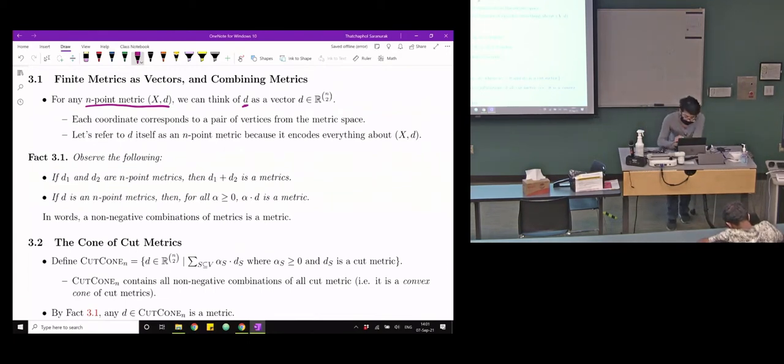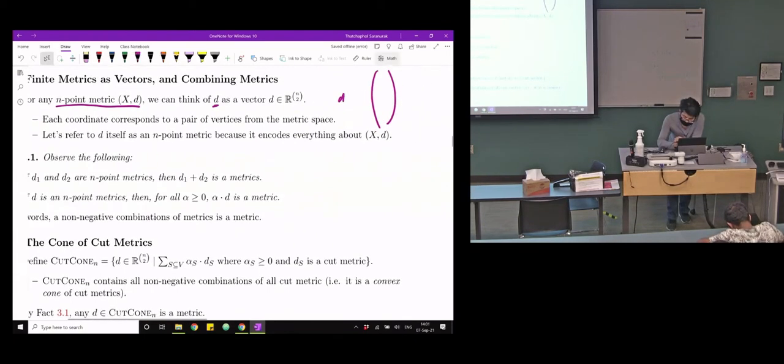So it's just a vector D such that the first coordinate is the distance between 1, 2. The next one is the distance between 1, 3. So it's just a vector that encodes all pair distances.